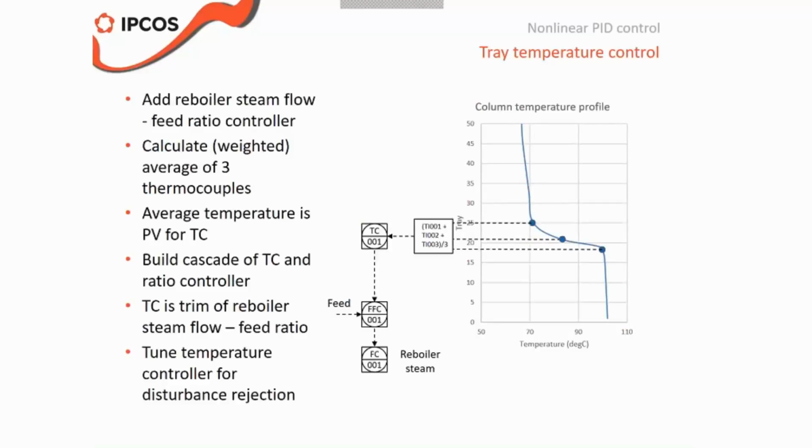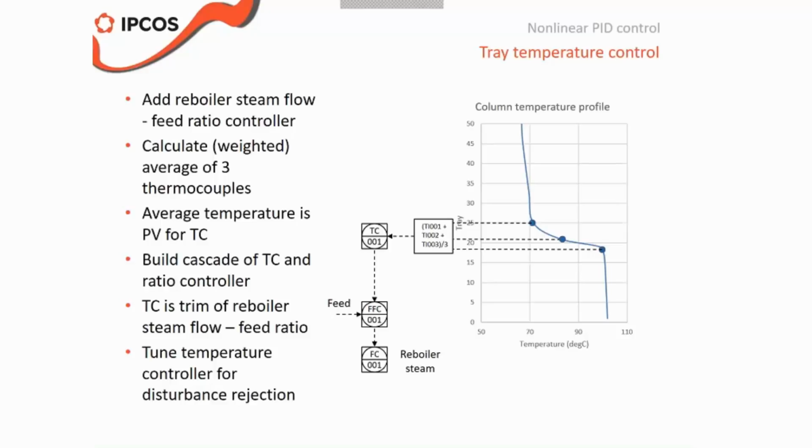Well, you could do it like this. If there are 3 thermocouples available in the DCS, then you could calculate the average of these 3, and that average will be the PV, the process value, for the temperature controller. So the temperature controller in this case is not going to control just 1 thermocouple, but the average of 3.